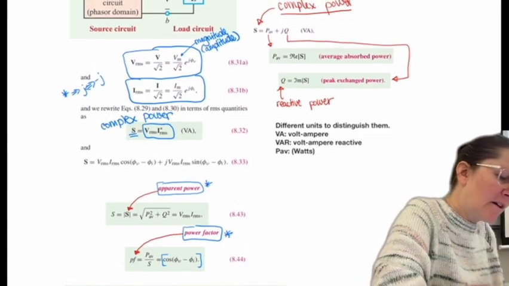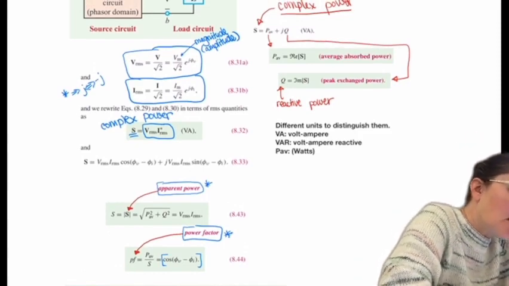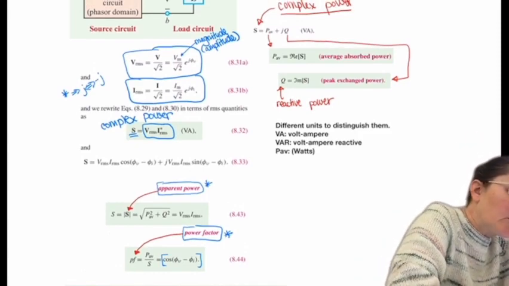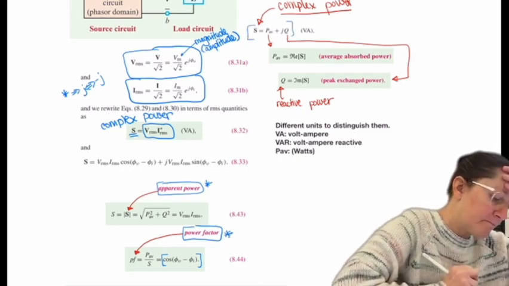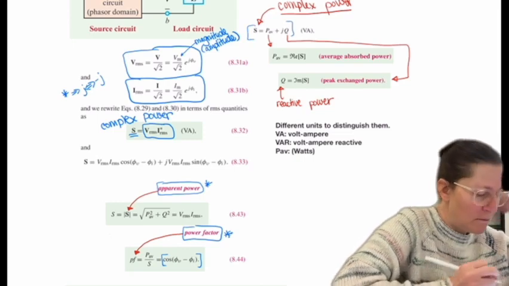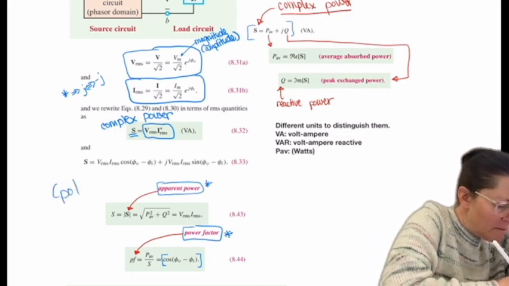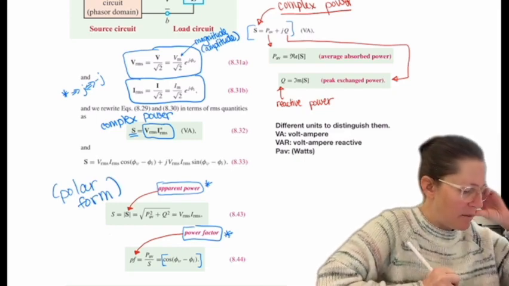And then when we put the complex power in polar form, that magnitude is the apparent power.